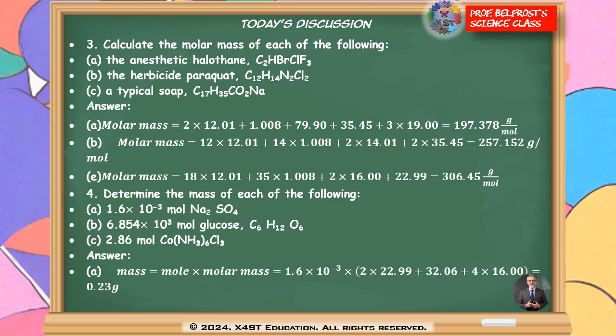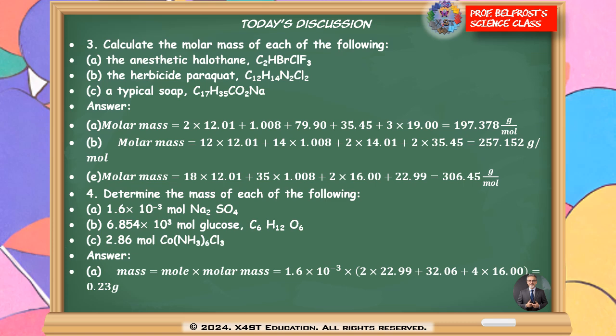Number four, determine the mass of each of the following. Molar mass and mass are different. With molar mass, we are not considering the mole, but if we are talking about mass, we are considering the mole. Mass is the mole times the molar mass.